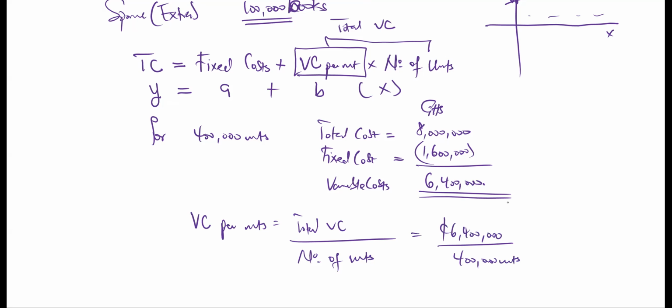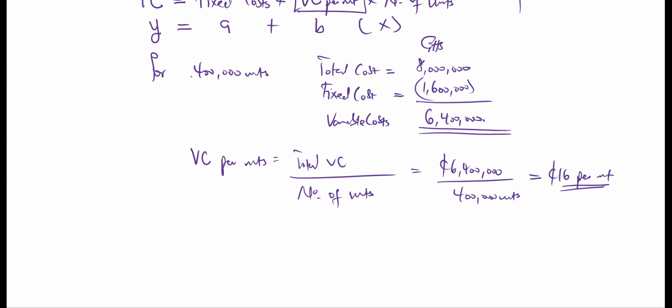That means what's our variable cost per unit here? 16 cedis per unit, right? That means that once we have this, we can easily get our total cost equation. Total cost here should be equal to 1.6 million plus 16 cedis by X, where X represents the number of units. Do you all agree?